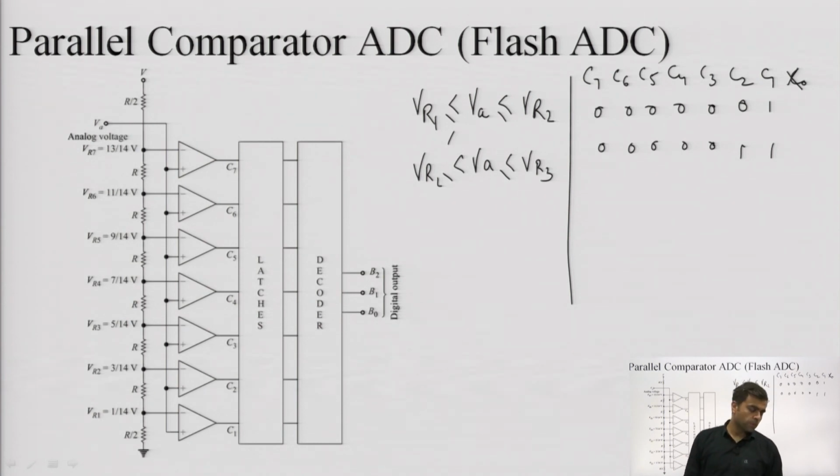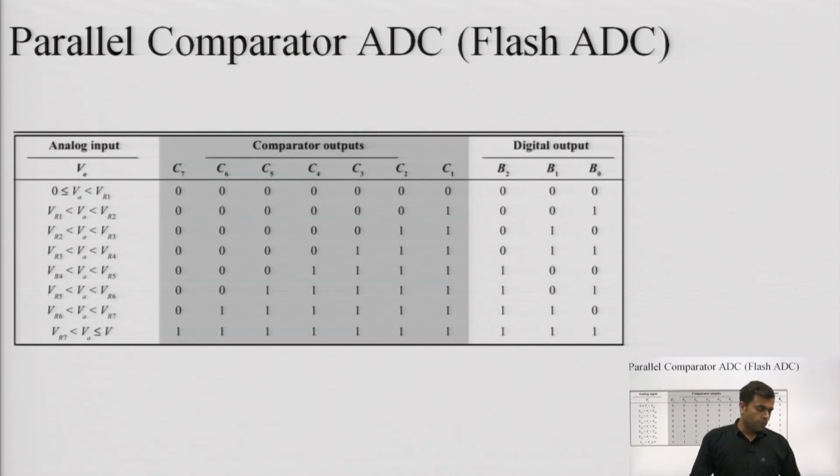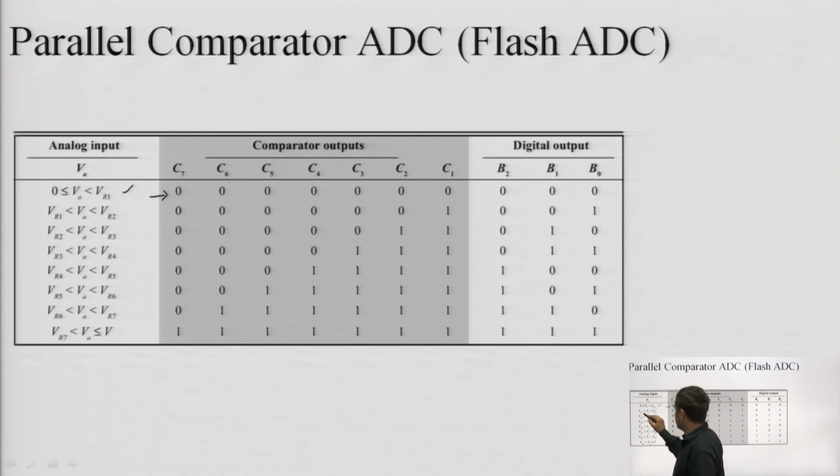Okay. So if you prepare this table, we will be getting something like this. If my voltage is greater than 0 but less than VR1, all the comparator outputs will be 0, and if it is between VR1 and VR2, then C1 will be generating 1.